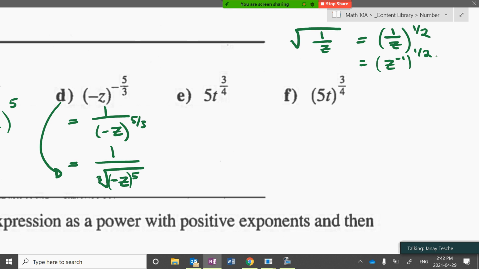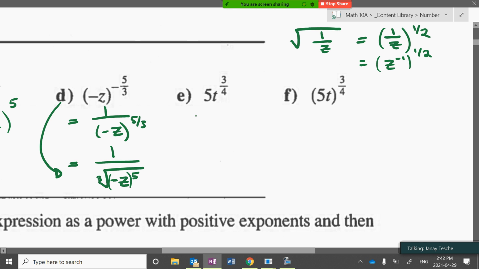On e, is that 5 included in my exponents or not? No, good. That 5 is going to come out front of your radical. So it's going to be 5 and then the 4th root of t cubed. That would mean 5 multiplied by the root. You don't need brackets here, but sometimes they help to emphasize things.